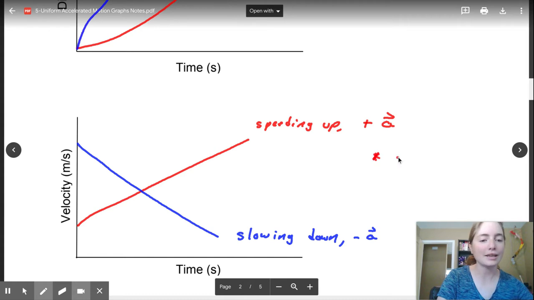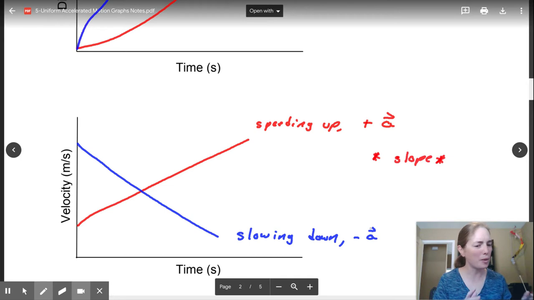And that is, remember from our previous setup with distance time graphs and velocity time graphs for uniform motion, you can use your slope for stuff. On a distance time graph, your slope was equal to your speed. However, look at your axes here, guys.